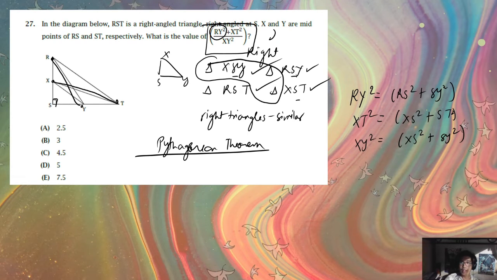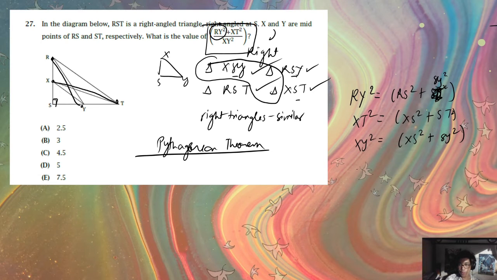Here we go. Now that we have these expressions, let's plug them into this formula. Since RY squared is equal to RS squared plus ST squared, wait, I'm sorry, this should be SY. So plus SY squared.